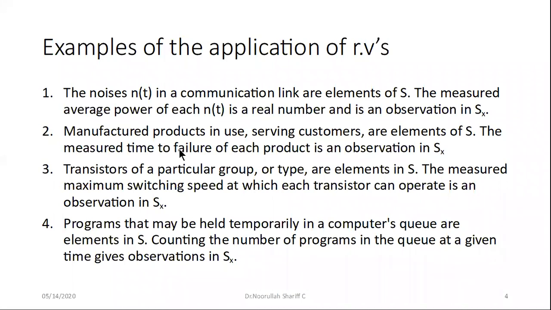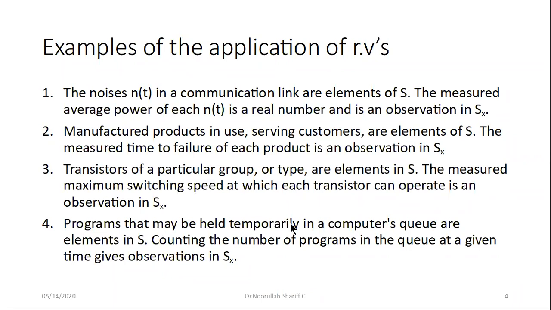How many devices fail, or what is the mean time between failures for each product, can also be an observation. Similarly, you can have transistors of a particular group or type as elements in S, and the measured maximum switching speed at which each transistor can operate is an observation in Sx.